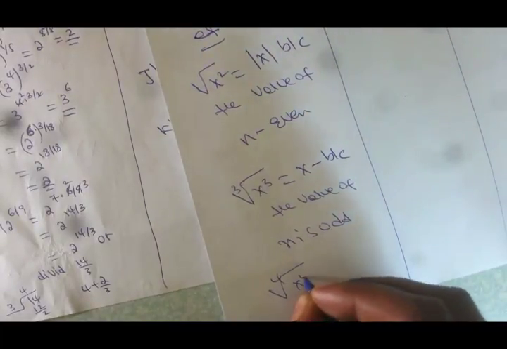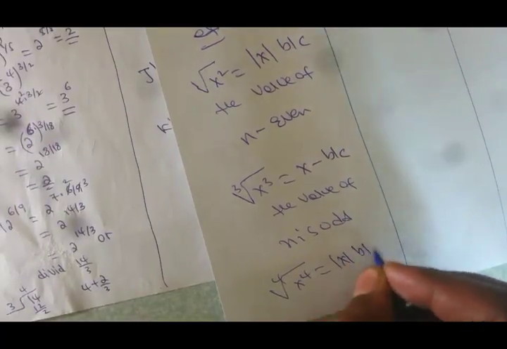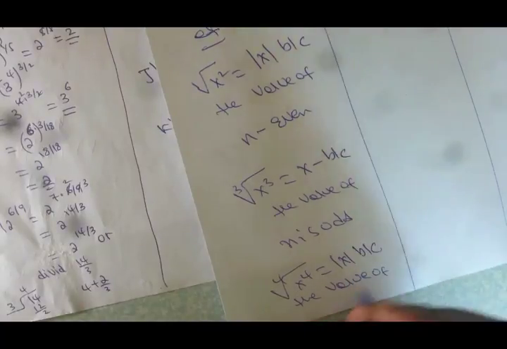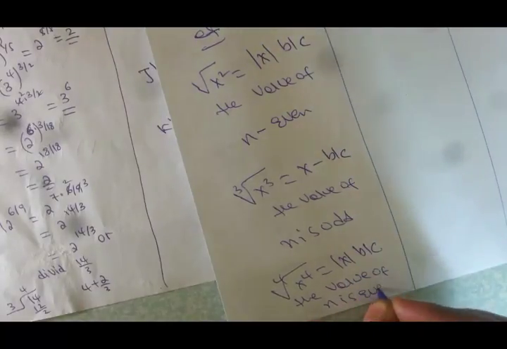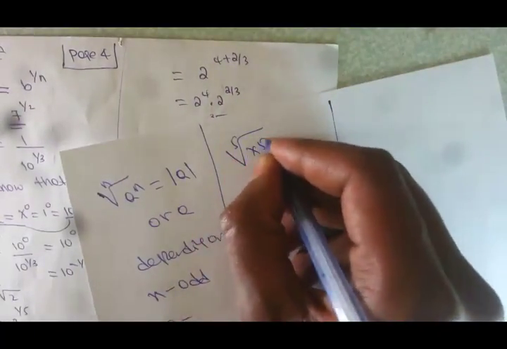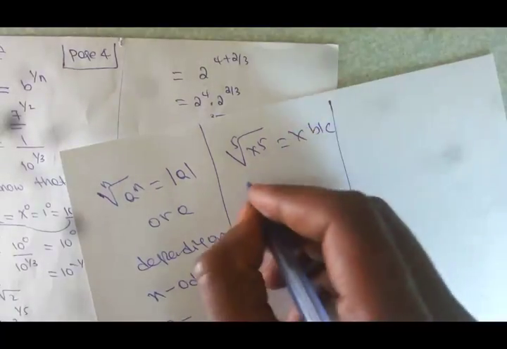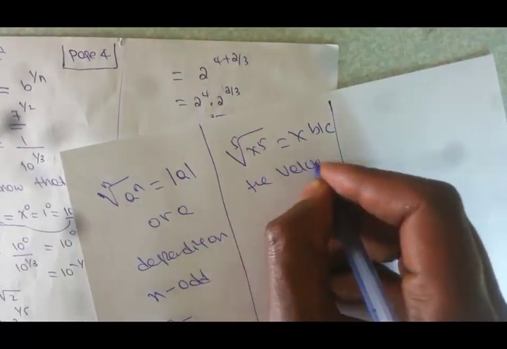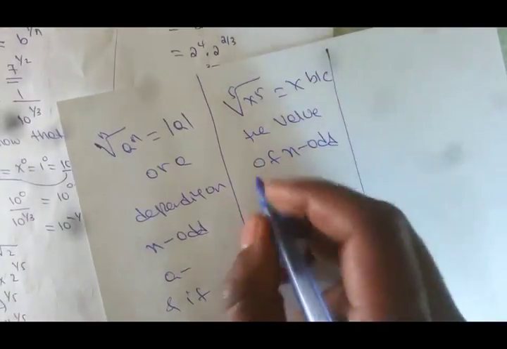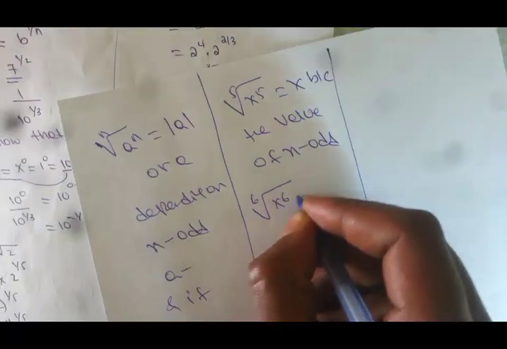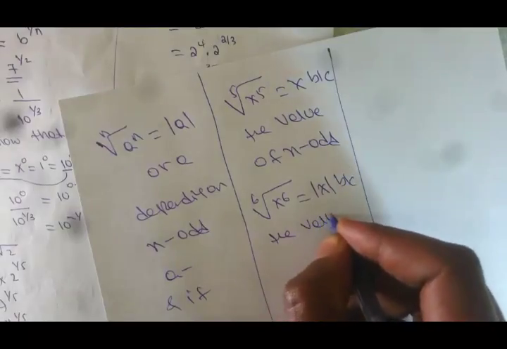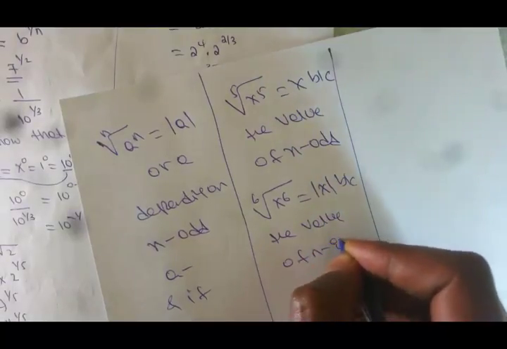For the fourth root of x raised to 4, it will be the absolute value of x, because the value of n is even. Fifth root of x raised to 5 will be x, because the value of n is odd. Sixth root of x raised to 6 will be the absolute value of x, because the value of n is even.